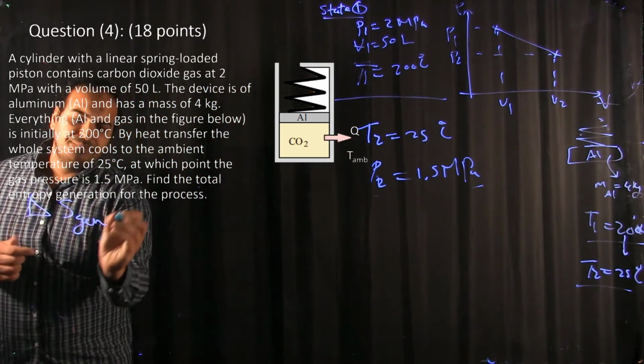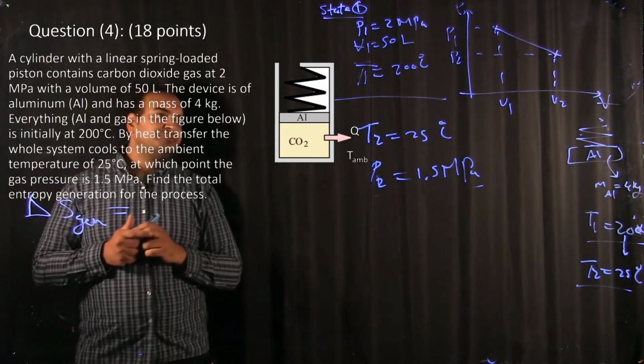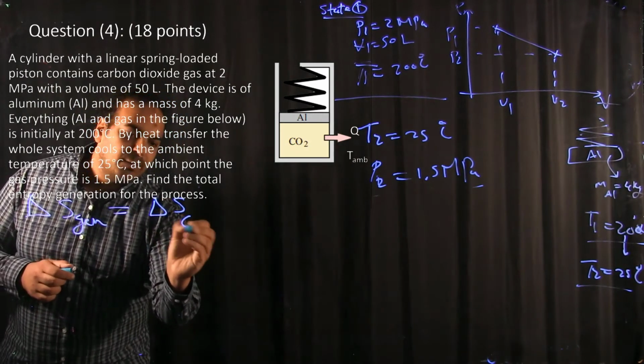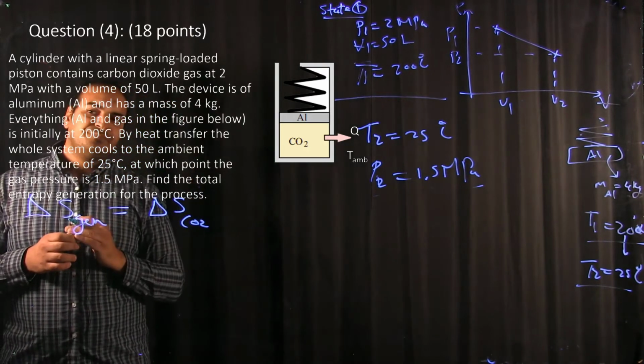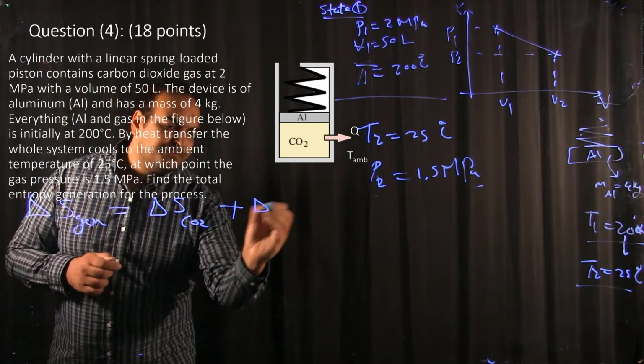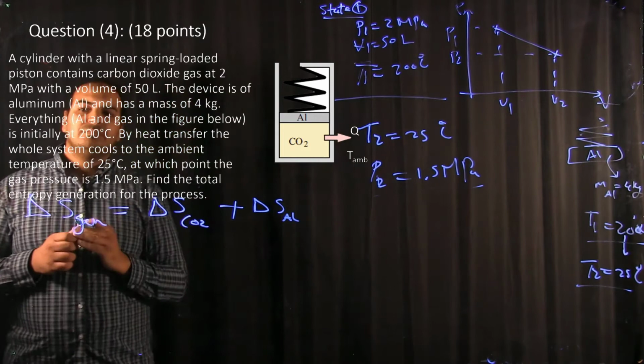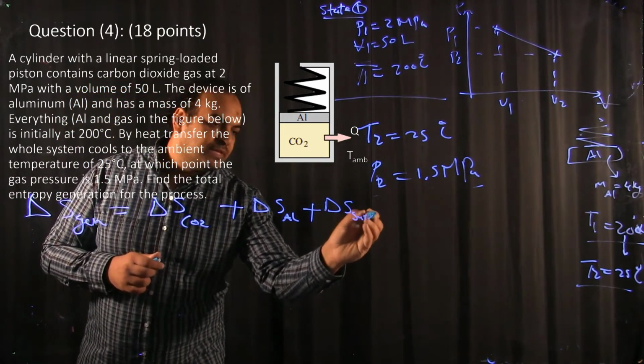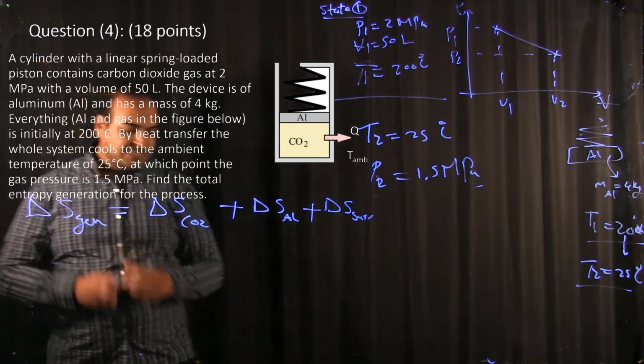We have three things here. We have delta S of carbon dioxide between 1 and 2. We have delta S of aluminium between 1 and 2. We have delta S of the surroundings. The surroundings have constant temperature, so this is the easiest one.